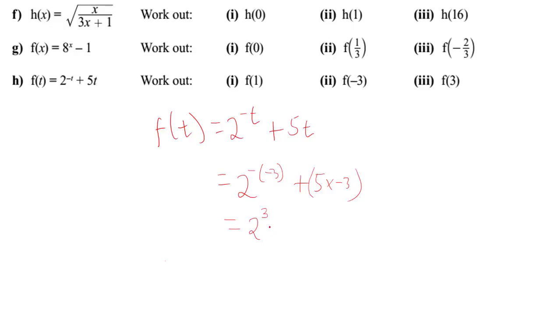So plus -15 is just -15. Now 2 cubed is 8, not 6. 8 minus 15 becomes -7. Okay. So when t is -3, f of t, the whole thing, comes down to -7.